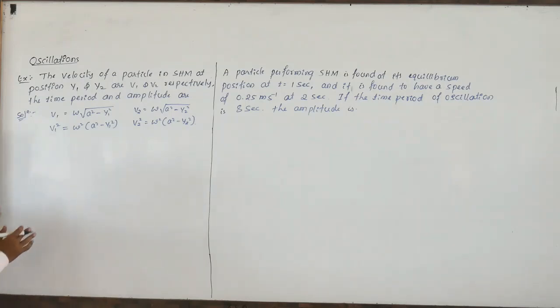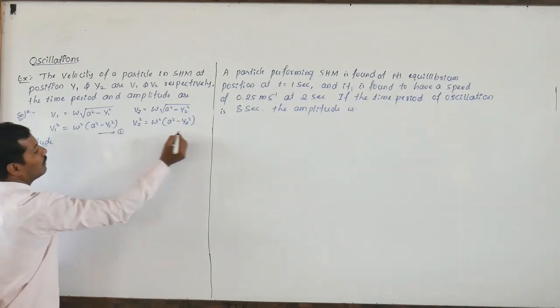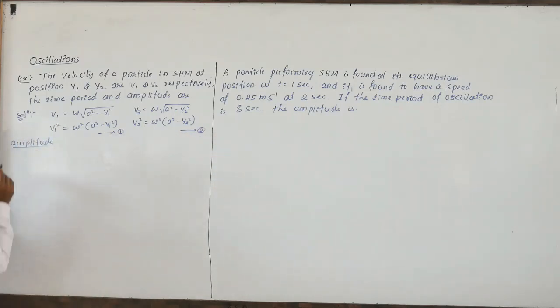First, for the calculation of amplitude, we have to calculate the value of a here. There are two equations, call this equation number 1 and this equation number 2. Subtracting the two equations here.